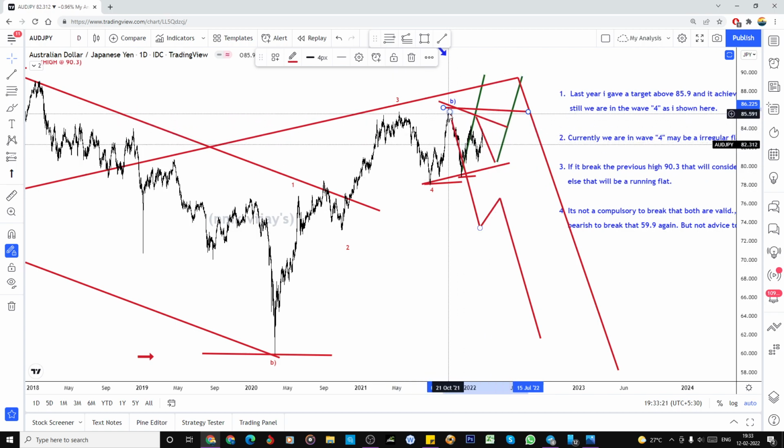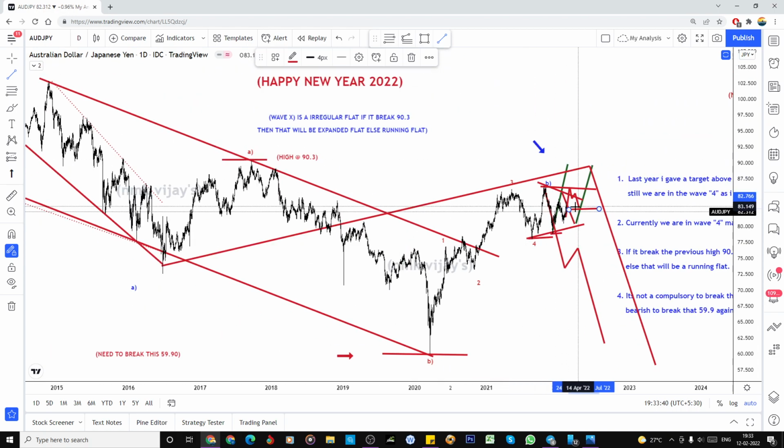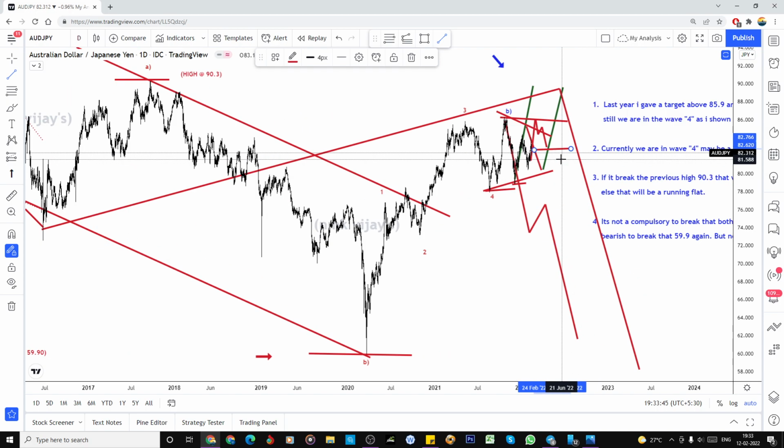So whether this is A, B, C, so we have one more high, meaning this could be the D, and one more E, meaning after this rejection, we can make this the stop loss. Enter here above the 86, we can make the stop loss at 83. So that is 300 points, that is also a 1:1.5 risk reward. So no need to look for this AJ and CJ in my view, right?